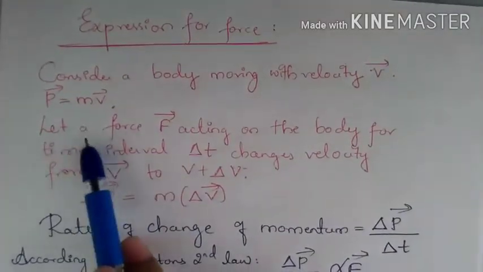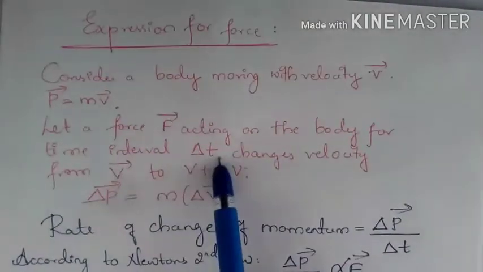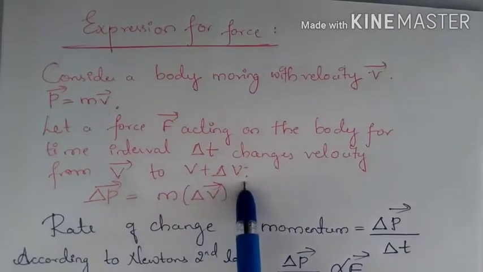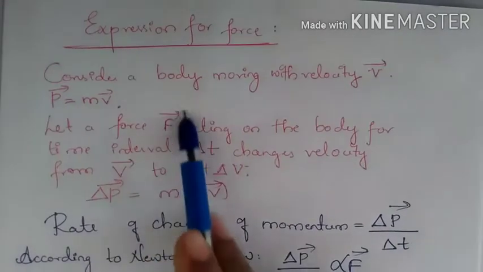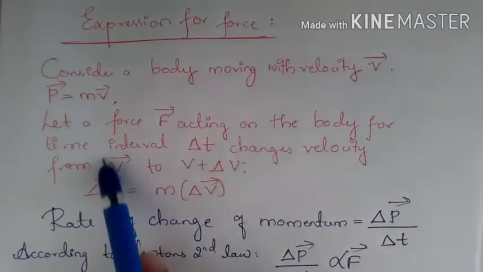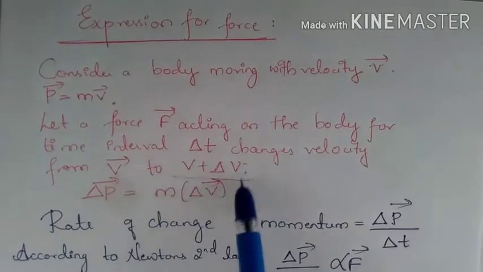Next, let a force F act on the body for a time interval delta t, changing the velocity from v to v plus delta v. So if a force acts on this body, the velocity of the body changes from v to v plus delta v.